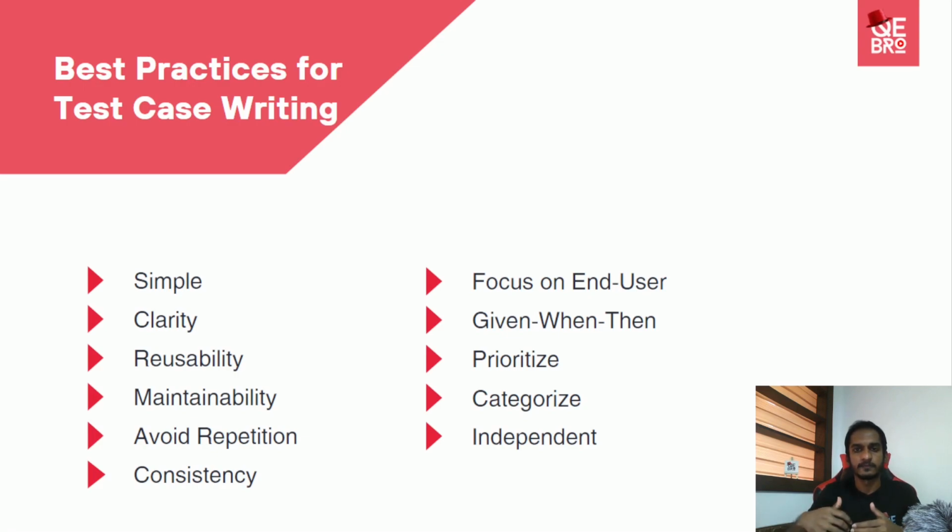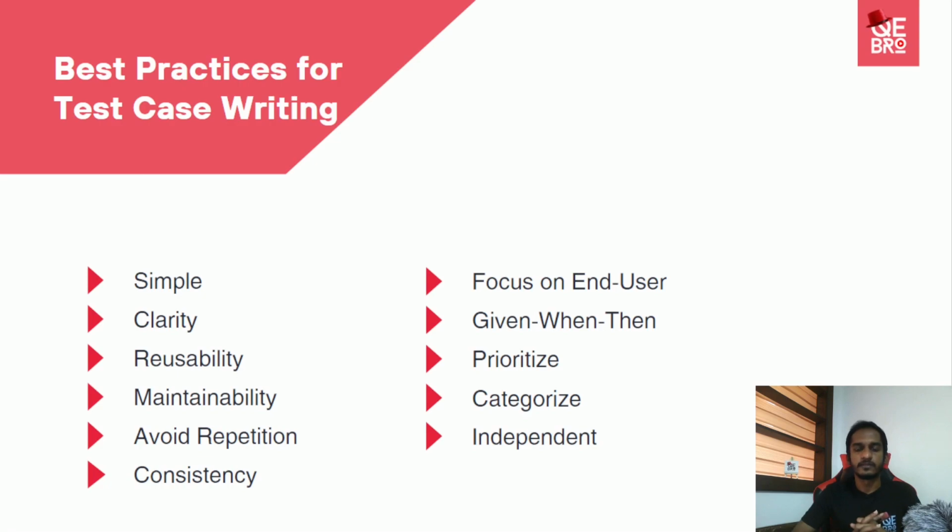And then the last part, once you do those actions, what will be the result? That is the Then part. So all the preconditions will be under Given, all the user actions or user flows under When, and the expected result in the Then section. If you follow this Given, When, Then structure, you can come up with a good test case.